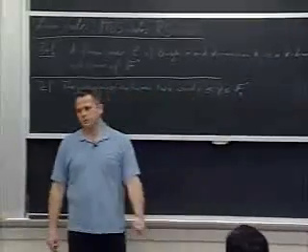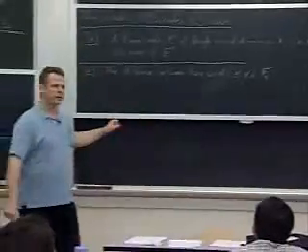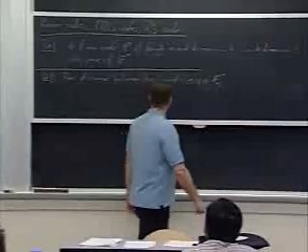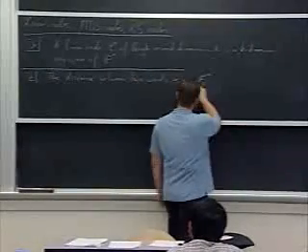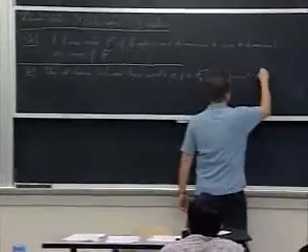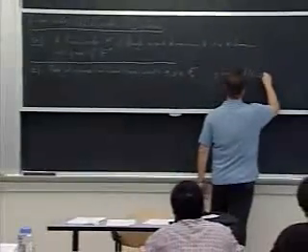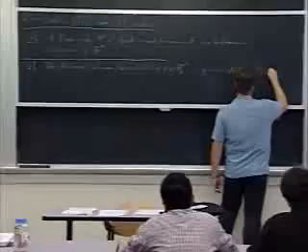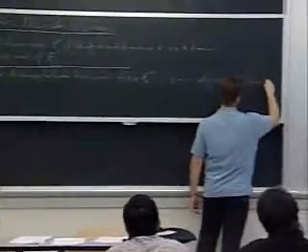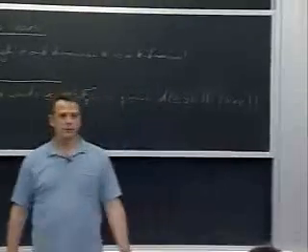I think in the notes it's boldface notation, so translate that online as I go here. The distance between two words, x and y, is the number of positions where xi is unequal to yi.